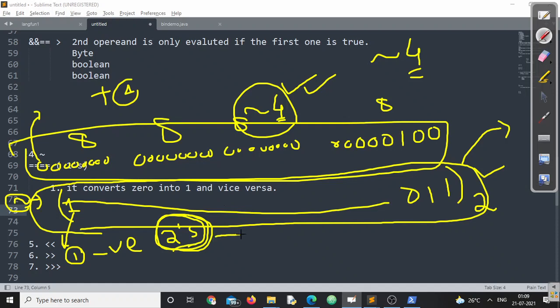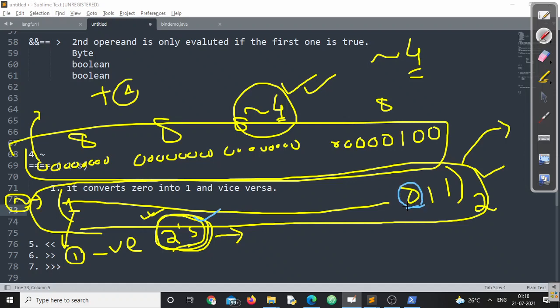And while converting a number which is directly represented in 2's complement form, how should I convert? We had a shortcut method for that. We have discussed that quite earlier. What we need to do is look at the position of zeros, not ones. If the number is represented using 2's complement format, I have to find out the position of 0.